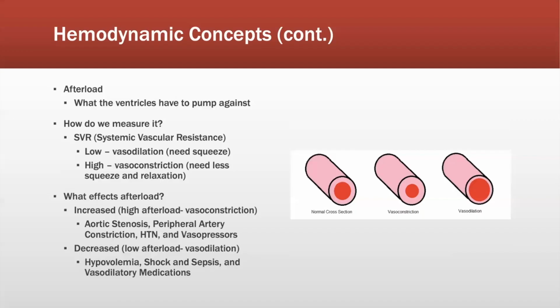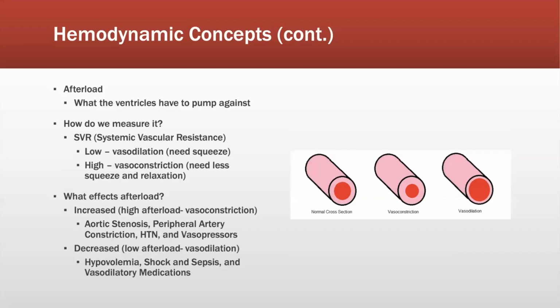Do you think your heart is going to have an easier or harder time pumping against narrow pipes or wide pipes? If you answered narrow pipes, it's definitely going to have a harder time pumping against narrow pipes, right? So we want the SVR to be normal. A normal systemic vascular resistance is usually anywhere from 800 to 1200 dynes per second per centimeter to the fifth, okay? So let's just think of the normal as 800 to 1200.